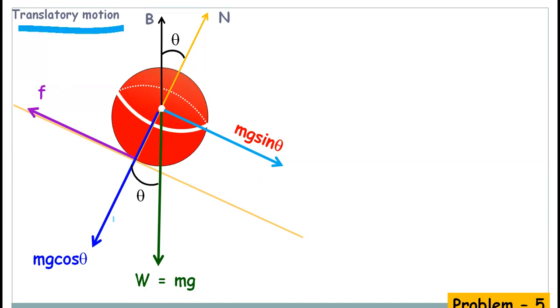Let us analyze the translatory motion. As soon as the sphere is placed on the surface of the inclined plane, it will start sliding towards the right like this.